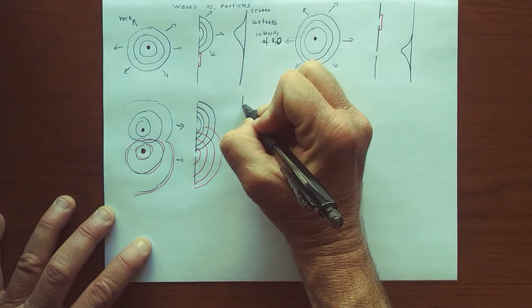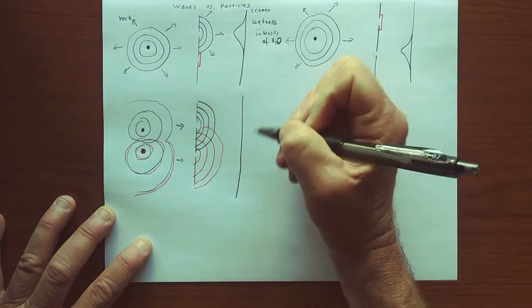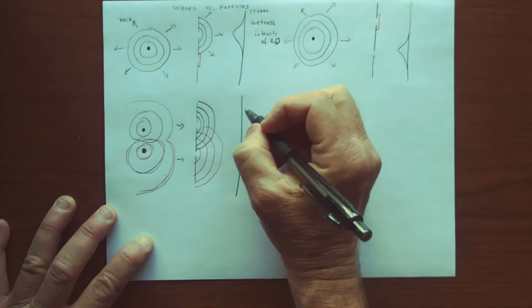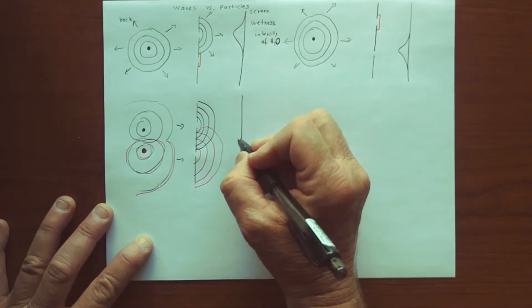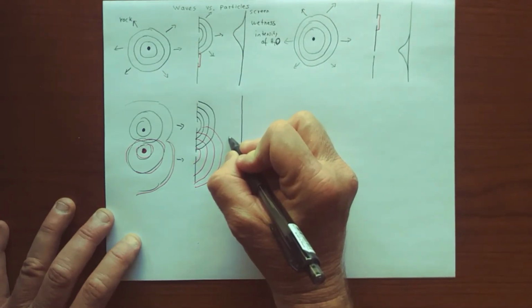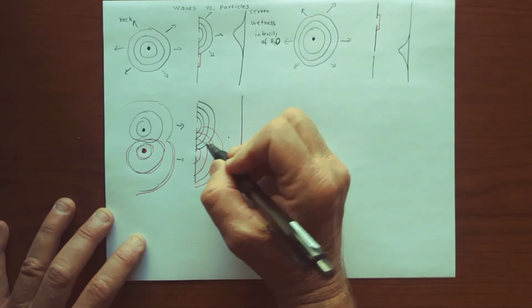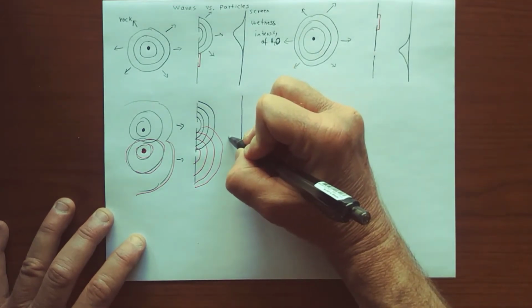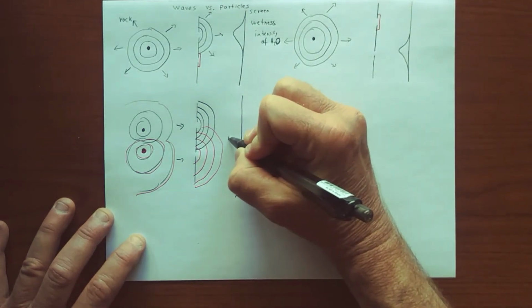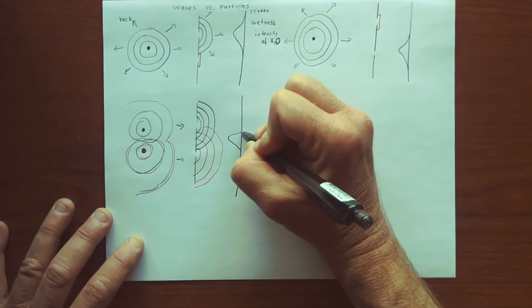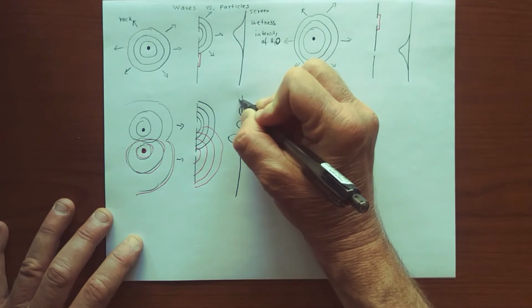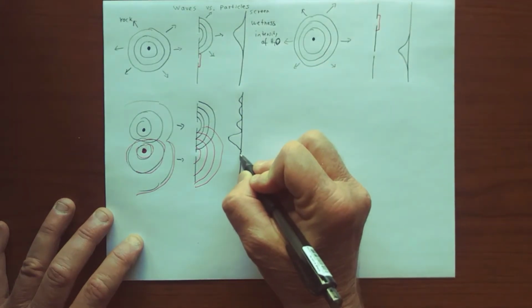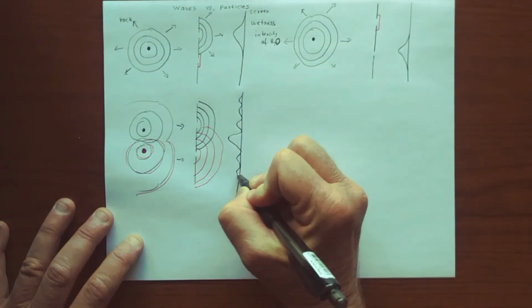And here is our screen. So what is the degree of wetness at each point? Well, the greatest wetness is right behind this point where there is no slit. And it's symmetric, but there are places where you get no water. And then it decreases like that, and it's perfectly symmetric on this side.